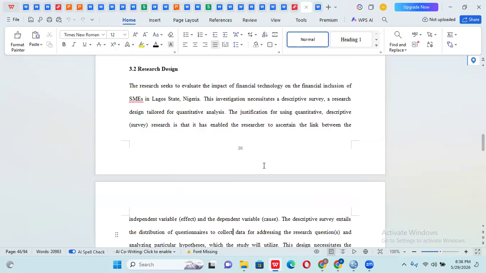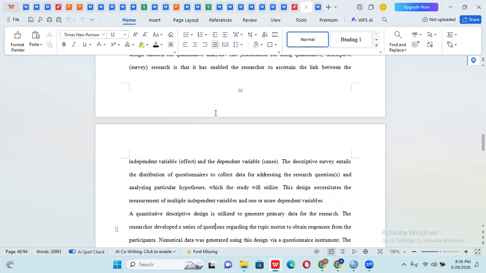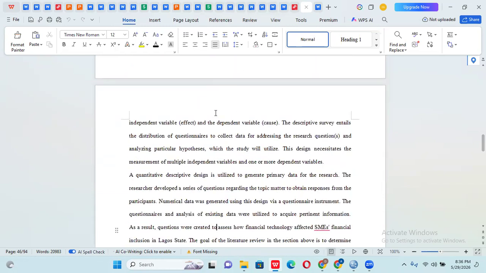Research design: this research seeks to evaluate the impact of, okay, this investigation necessitates a descriptive survey, a research design tailored for quantitative analysis. So this is quantitative research. All right, so automatically I start thinking of how I can analyze it quantitatively.